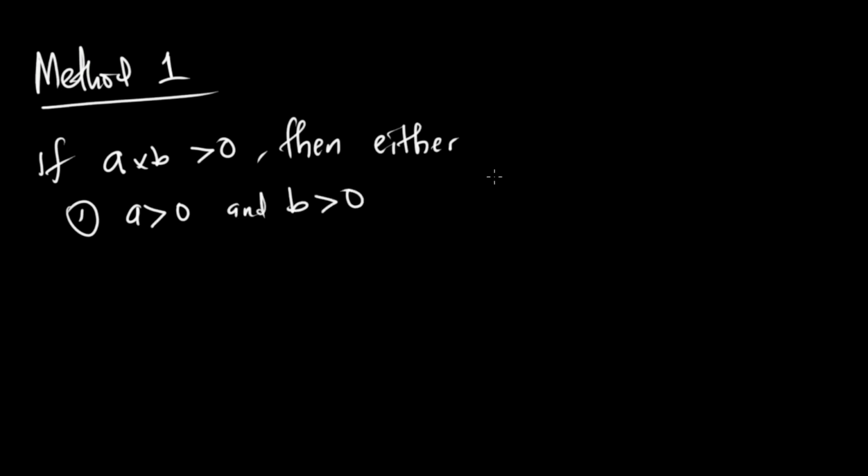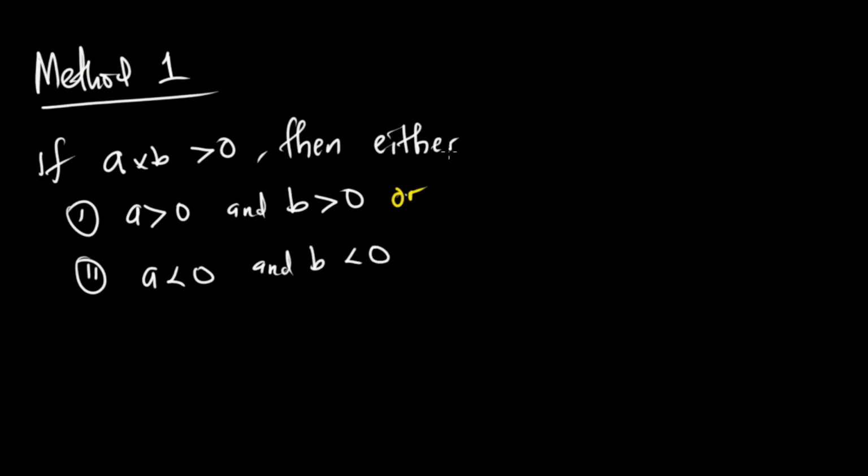So for us to have a multiplied by b greater than 0, it's either a is greater than 0 and b greater than 0, or we can have a less than 0 and also b less than 0.